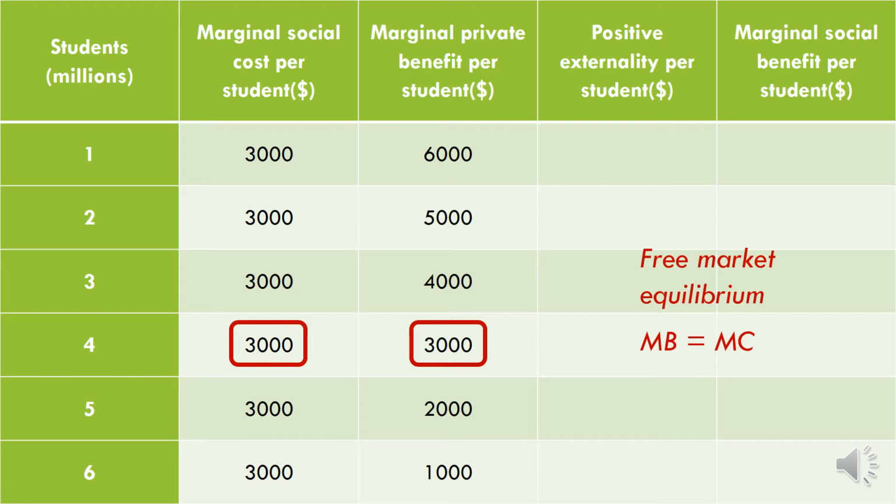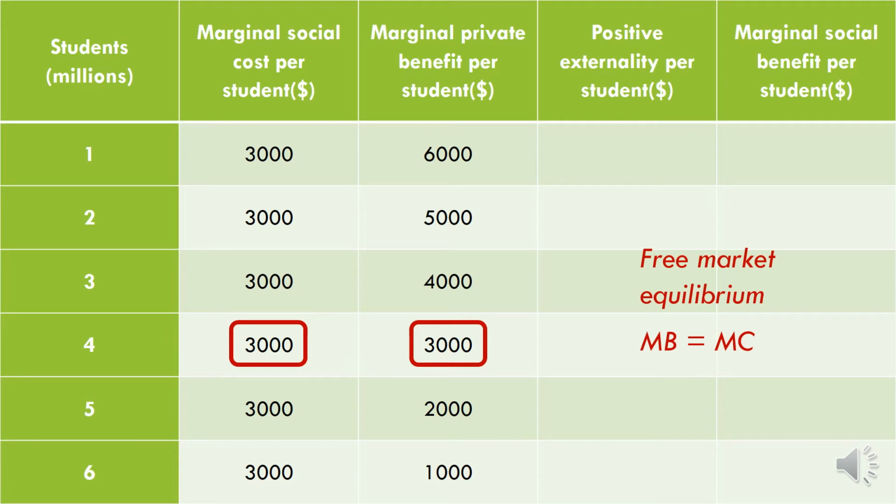So $3,000 equals $3,000. If you were to draw this graphically, this would be the point of intersection between the demand curve, the marginal private benefit curve, which would be downward sloping. We can see it starts at 6,000, then 5,000, 4,000, 3,000, 2,000, and the marginal cost curve, which would be a horizontal line at 3,000.